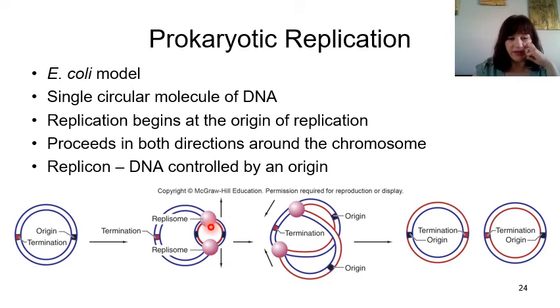In this case, we have two replisomes. They go in opposite directions around this circle. When they both reach the other side, they let go. And you can see now that we've got two rings, or two new copies of this DNA.